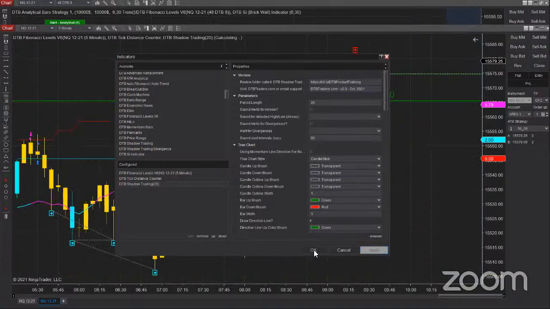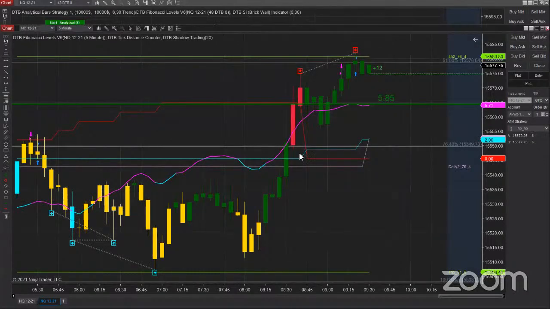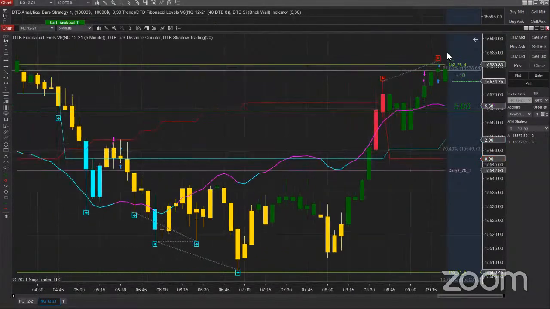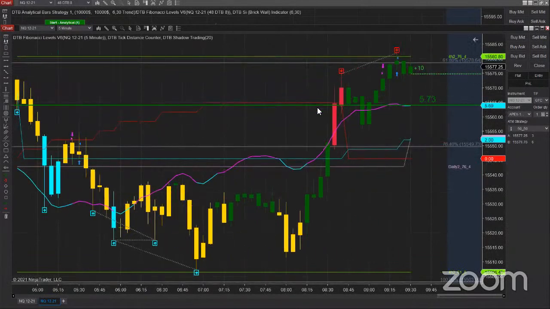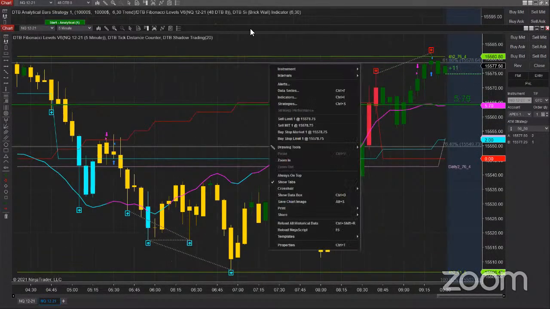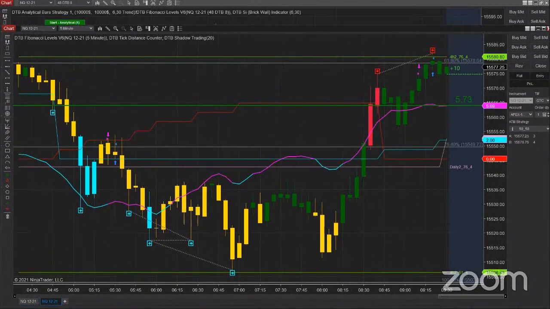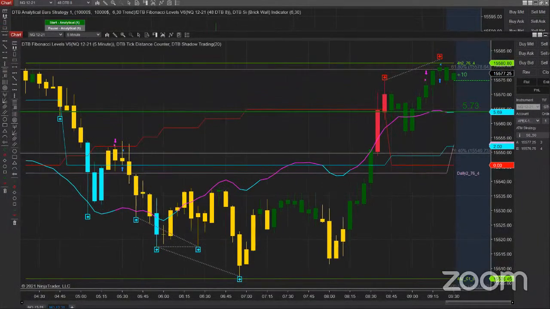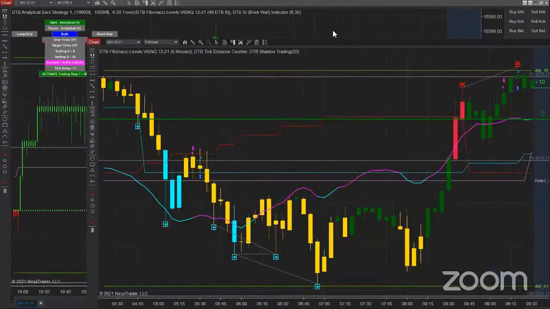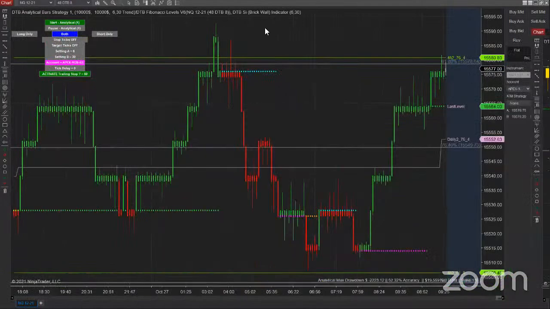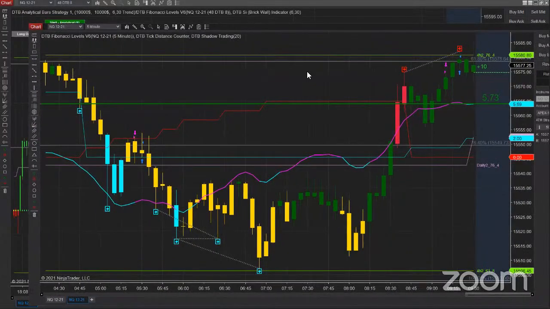We actually have an automated strategy for this specific indicator. It's basically in the beta stage. It has been released, we're just getting a few guys to test it out and see what settings are working and what little additions can be added to it.